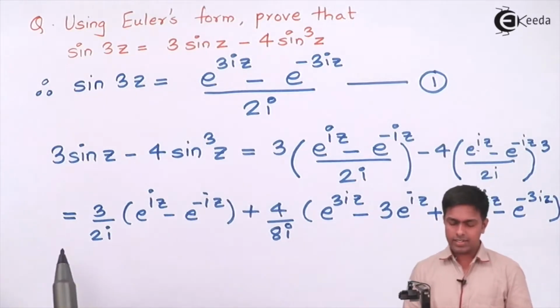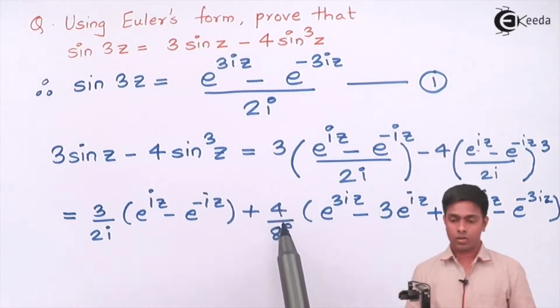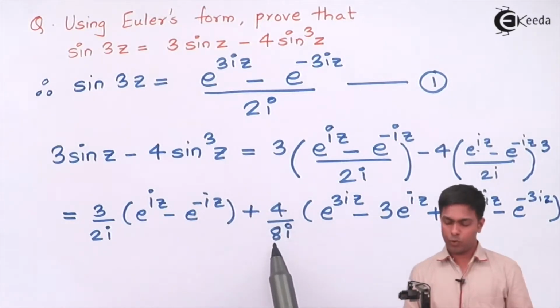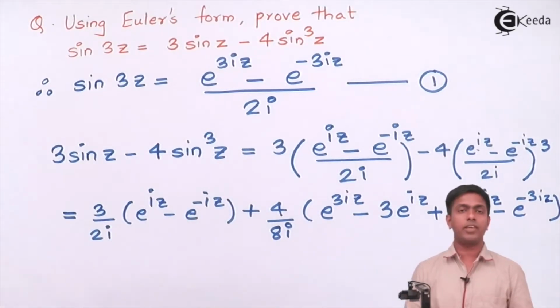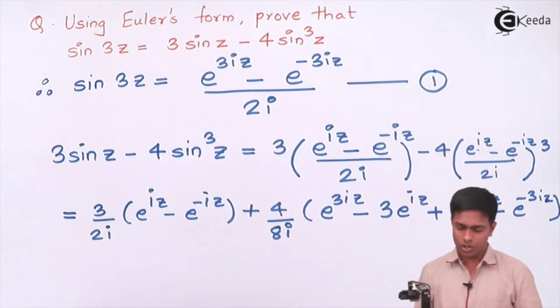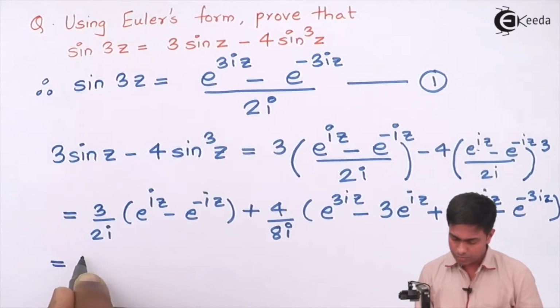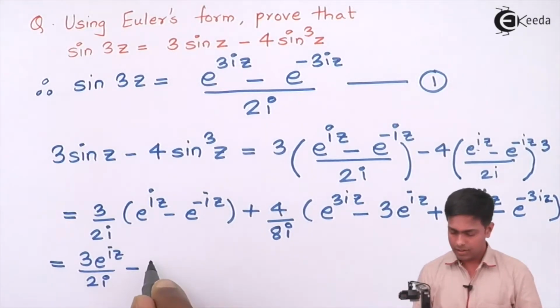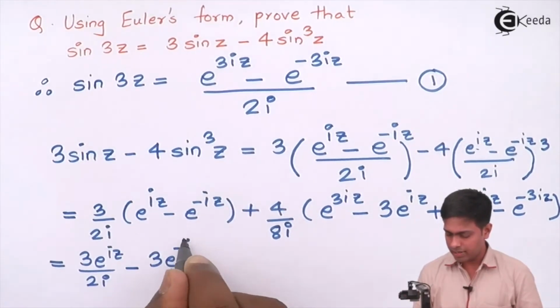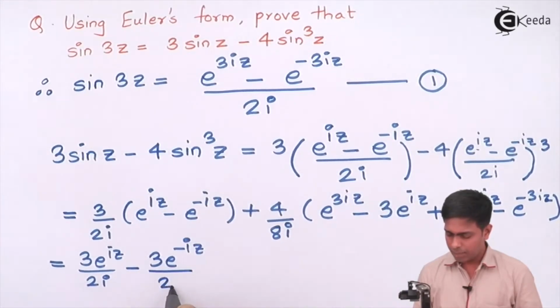Now let's open up the bracket and multiply this bracket with 1 upon 2i, because 4 upon 8i is 1 upon 2i, and let's multiply the other bracket with 3 upon 2i. So here we will get 3 e raised to iz upon 2i minus 3 e raised to minus iz upon 2i.